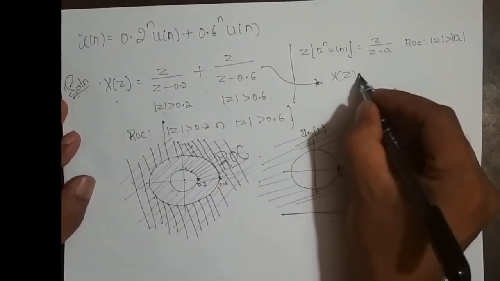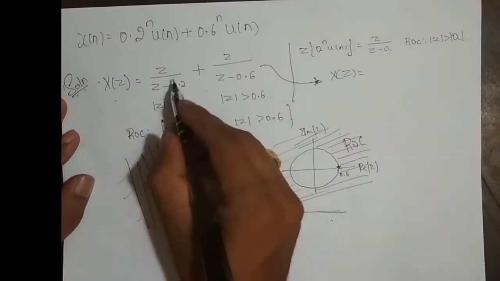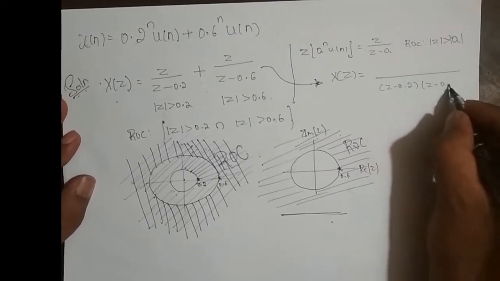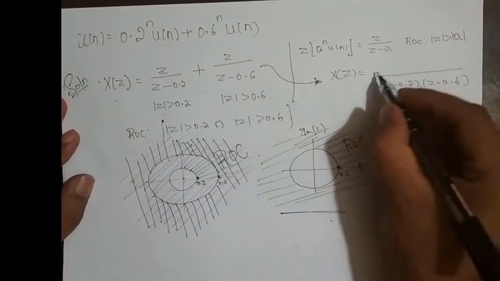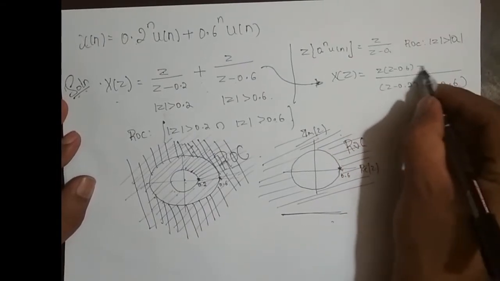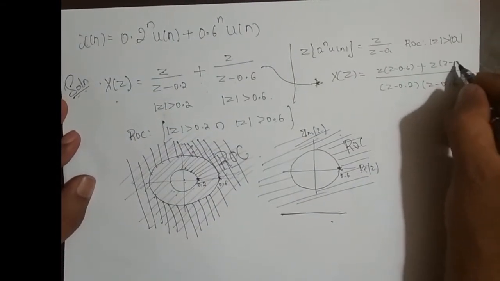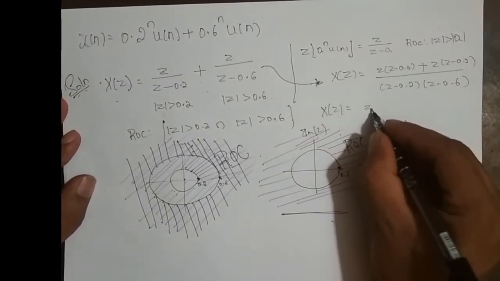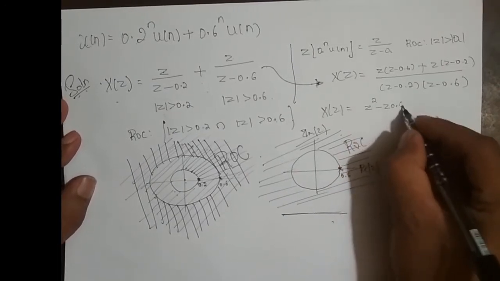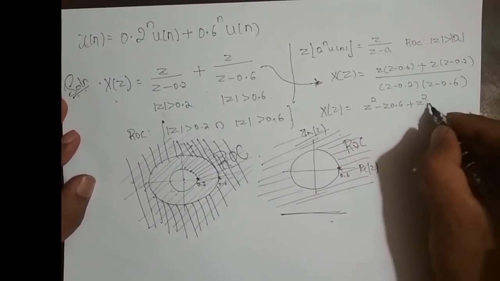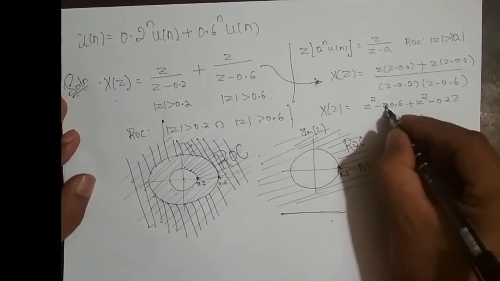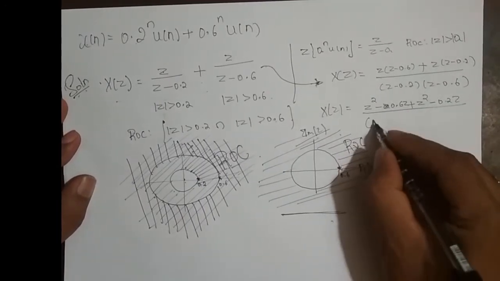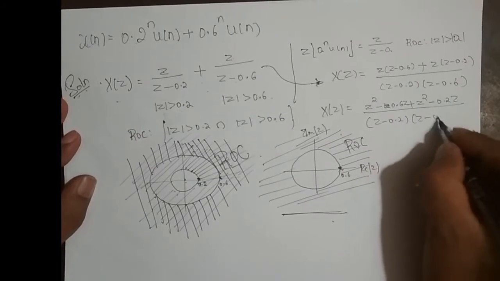So what do we have? X of z is equal to, if I take the common denominator, z minus 0.2 into z minus 0.6, and the numerator is z into z minus 0.6 plus z into z minus 0.2. So X of z is equal to z times z squared minus 0.6z plus z squared minus 0.2z, divided by z minus 0.2 and z minus 0.6.